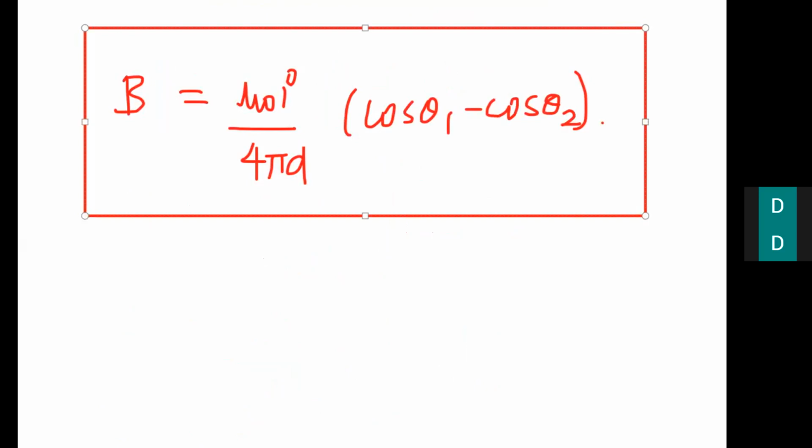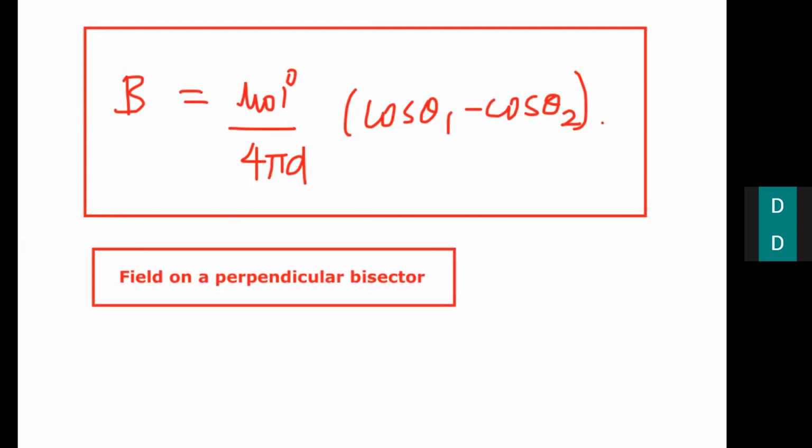So this is the final equation that we have for the magnetic field at point P due to a straight wire. Now suppose we want to know what the field is on the perpendicular bisector. So what is the perpendicular bisector?